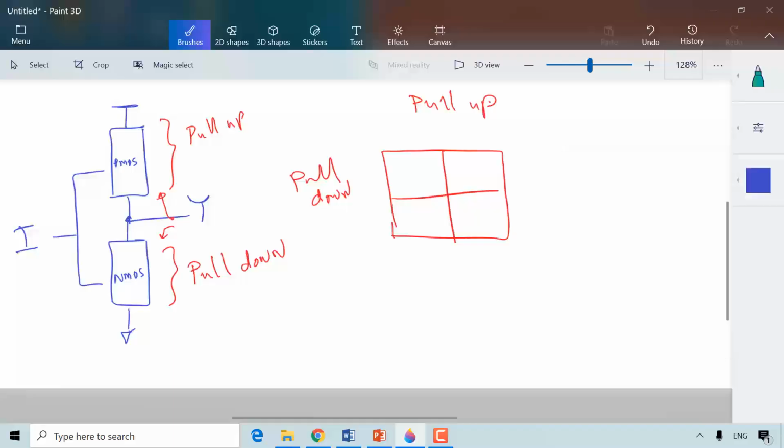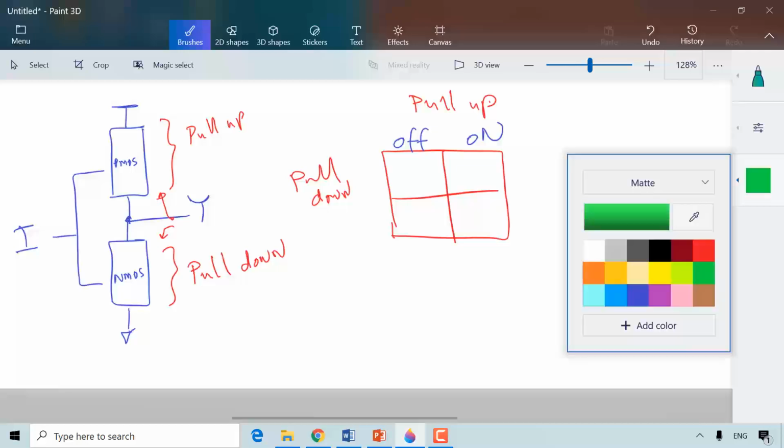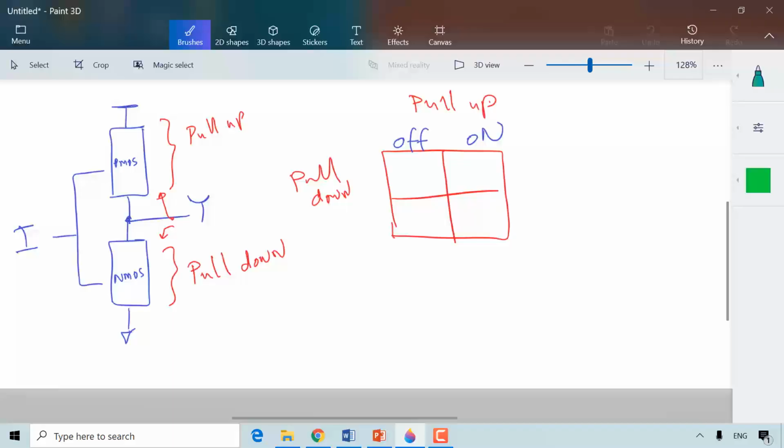The pull-up can be either off or on. What do we mean by off? Off means there is no path from the output to VDD. If there is a path from VDD to the output, then we say that the pull-up is on.